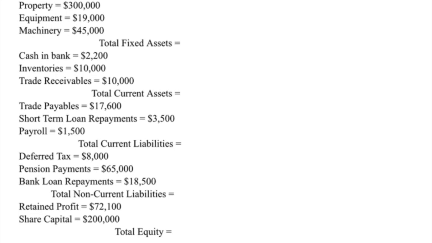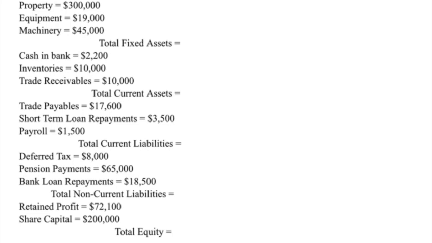So in this situation, I've already given you all the assets and all the liabilities as well as the equity. For your non-current assets, you've got your property, your equipment, and your machinery. And for your current assets, you've got your cash in the bank, your trade receivables, and your inventories, also known as stock. For your current liabilities, you've got your trade payables, short-term loan payments, and payroll.